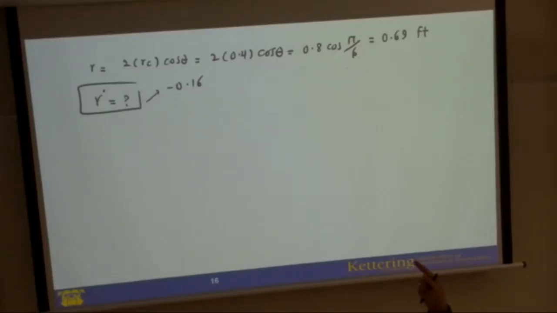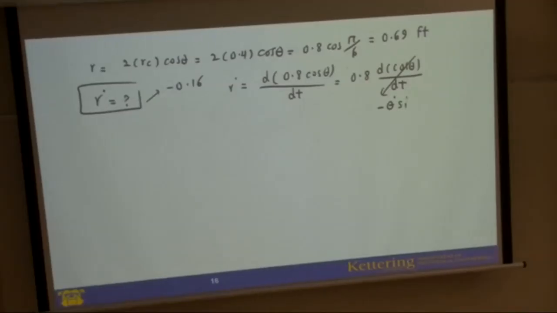R dot will be minus 0.16. To find this, R dot will be the derivative of the 0.8 cosine theta with respect to time, that is 0.8 times the derivative of cosine theta with respect to time, which will be minus theta dot sine theta.